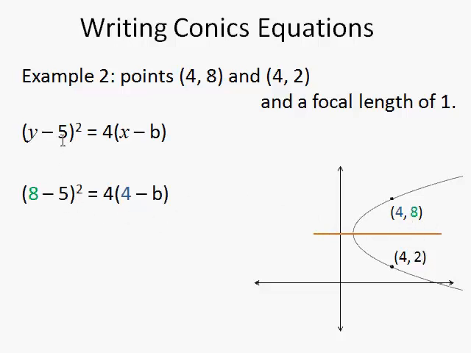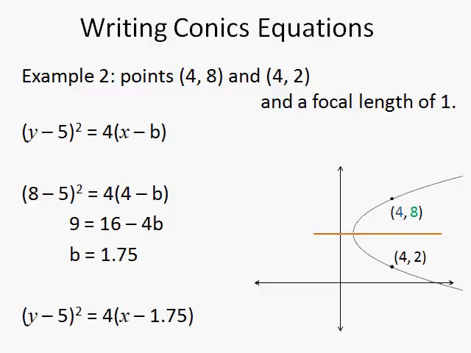So we substitute y minus 5 equals 4(x minus b). Now we've got everything except b, but we can substitute a point in. We'll substitute in for 8. For a y of 8, we have an x of 4, and we can solve pretty quickly from there. So b is 1.75, and that enables us to write our equation.